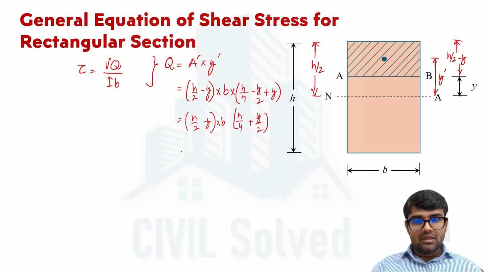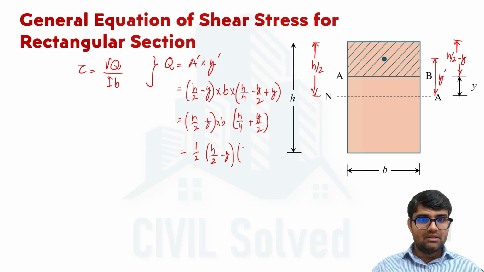Now we can do a bit more by taking out 1 by 2 from here. Then we have this same h by 2 minus y, and we are left with h by 2 here, y here, and obviously the b.